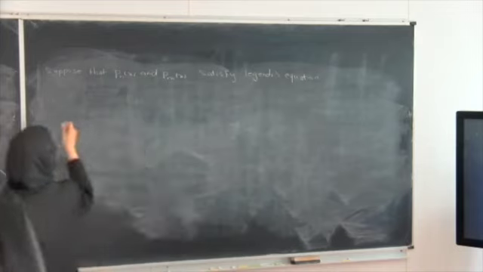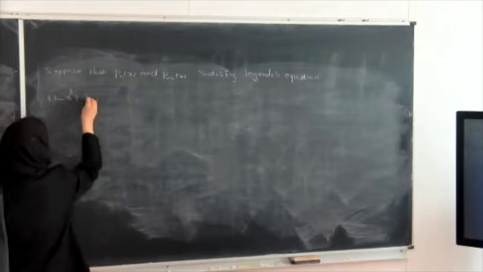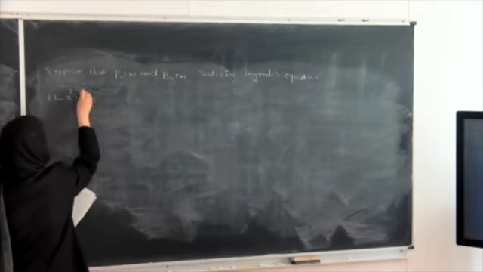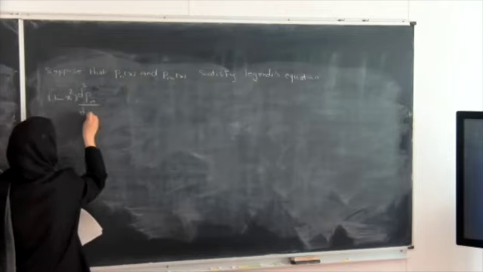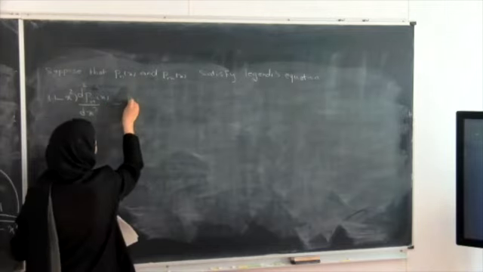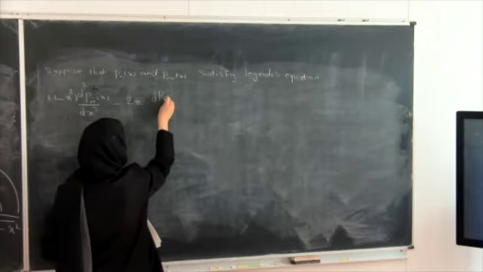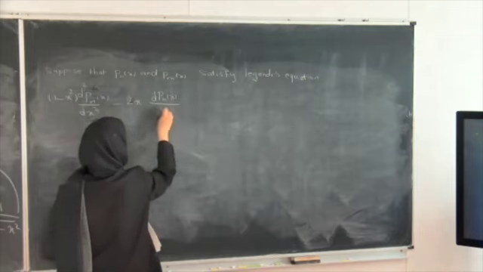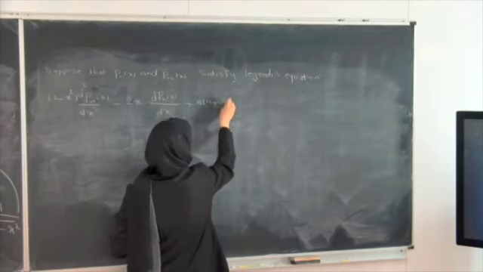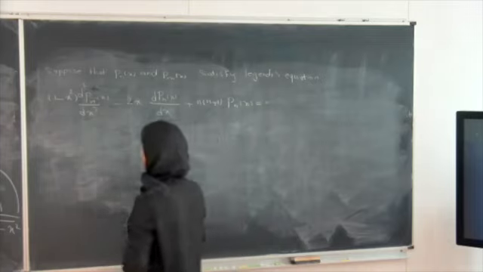So we have 1 minus x^2 times the second derivative of Pn, minus 2x times the derivative of Pn, plus n times n plus 1 of Pn of x equals 0.